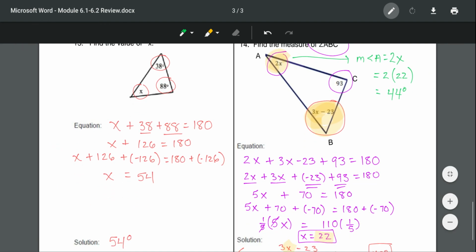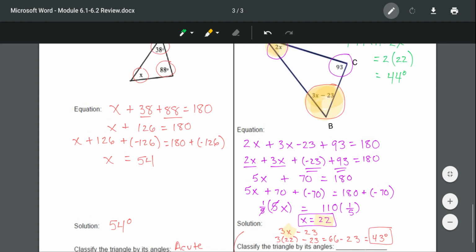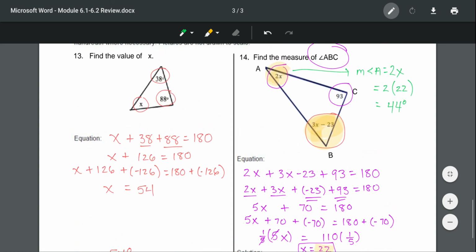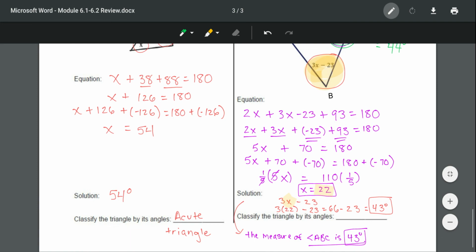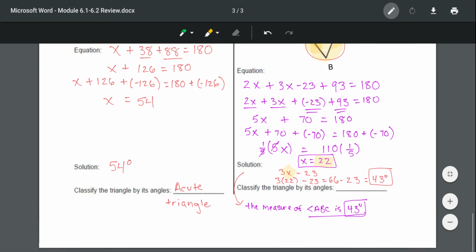So since we have an angle that measures 44 degrees, an angle that measures 93 degrees, and another angle that measures 43 degrees. Now, because angle C measures 93 degrees, that means the angle is greater than 90 degrees, so this would be an obtuse triangle.